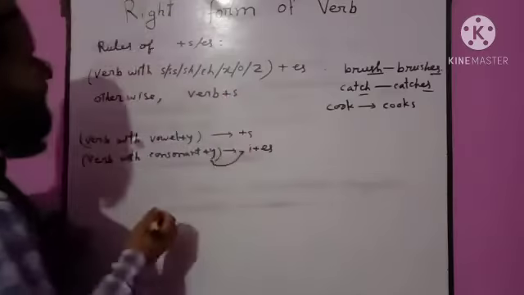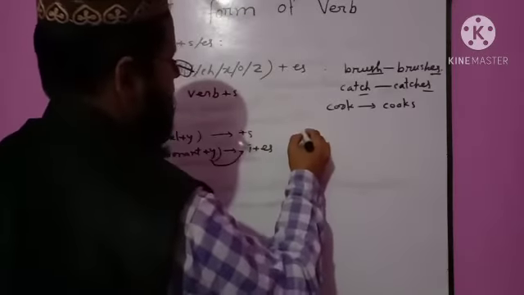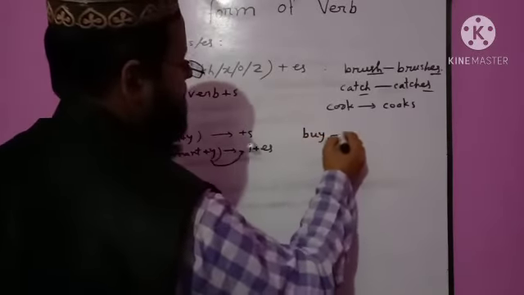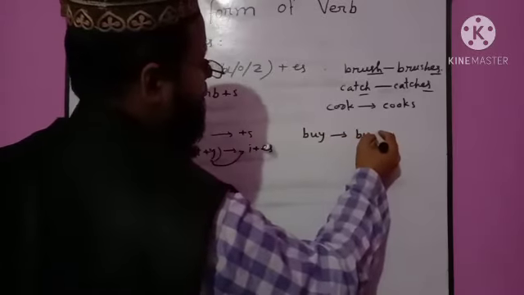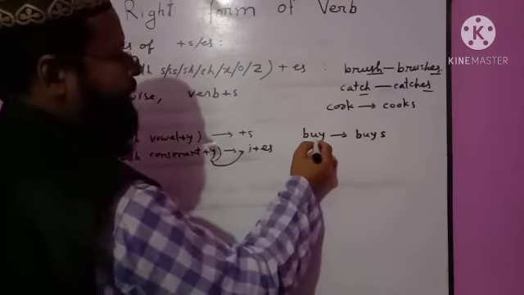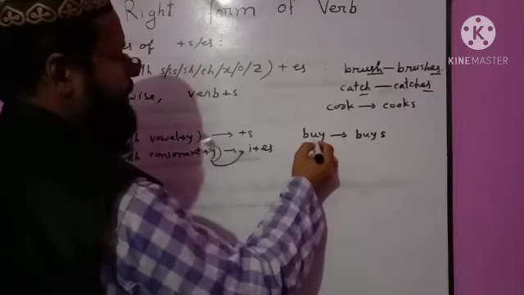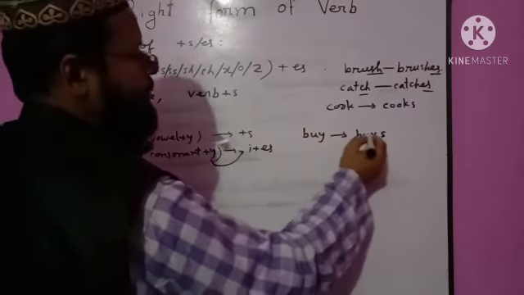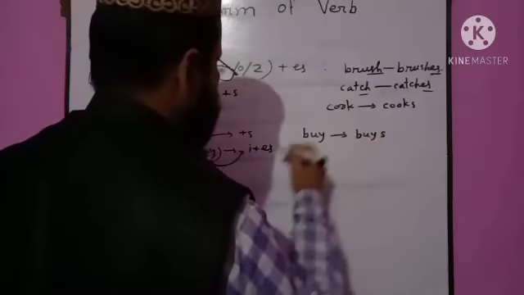For example, B-U-Y: U is a vowel, so the last letters are vowel and y, and we add s.